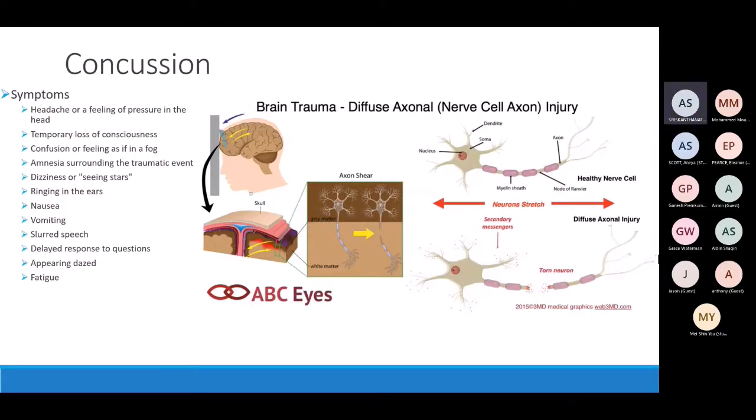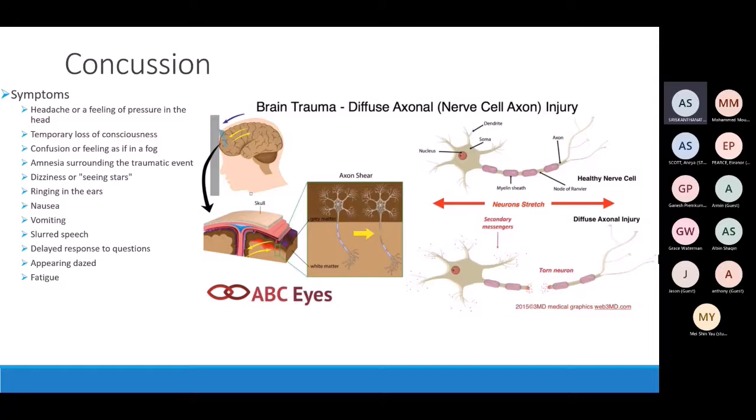Just in line with any spinal cord injuries, just wanted to go through concussion as well. So main symptoms of concussions: headaches or feeling this kind of increased pressure in your head because of raised intracranial pressure. You might have a temporary loss of consciousness, a bit of confusion or feeling a bit foggy.